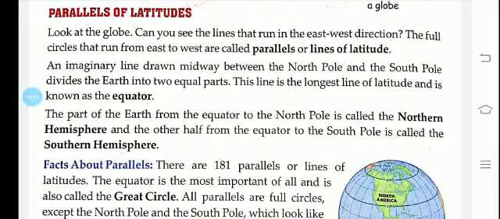Parallels of latitudes. Look at the globe. Can you see the lines that run in the east-west direction? The full circles that run from east to west are called parallels or lines of latitude.